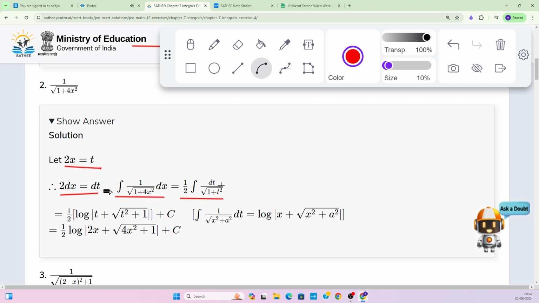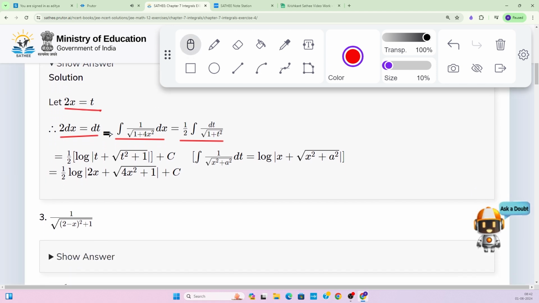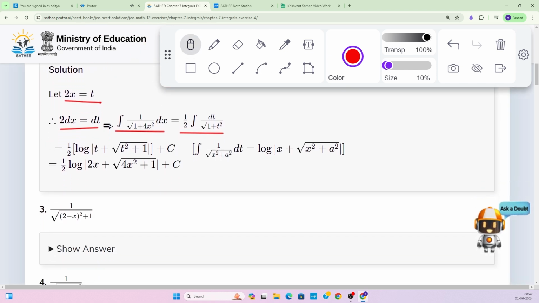Now we can easily evaluate this form, and we know the direct integration formula, that it will be log of t plus root of t square plus 1 plus some constant. Okay, why?